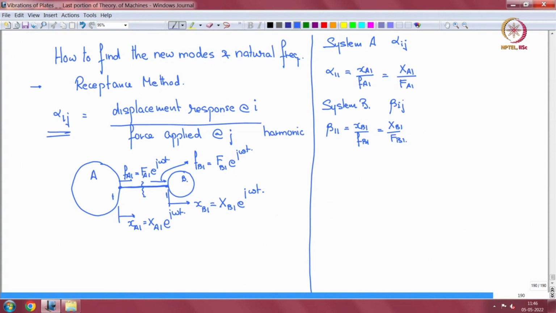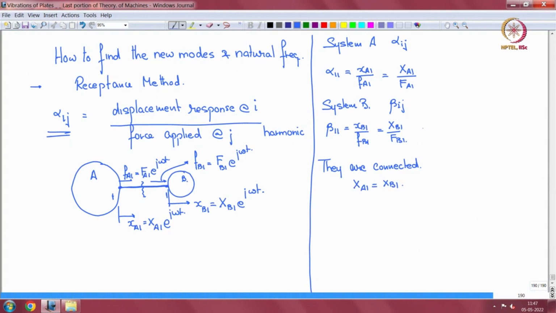That's what is happening within each system, but now they are connected through a unidirectional displacement component. That means that x a1 must be equal to x b1.